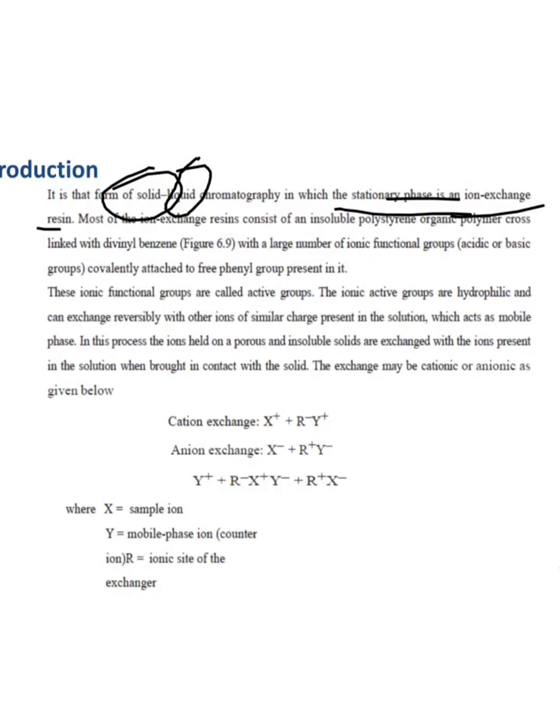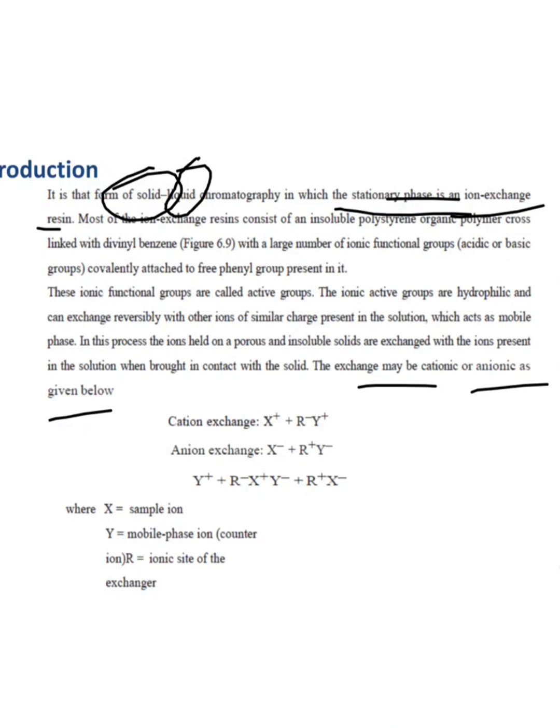So the exchange may be cationic or anionic. There are two types of reaction taking place in ion exchange chromatography, the cation exchanger and the anion exchanger.